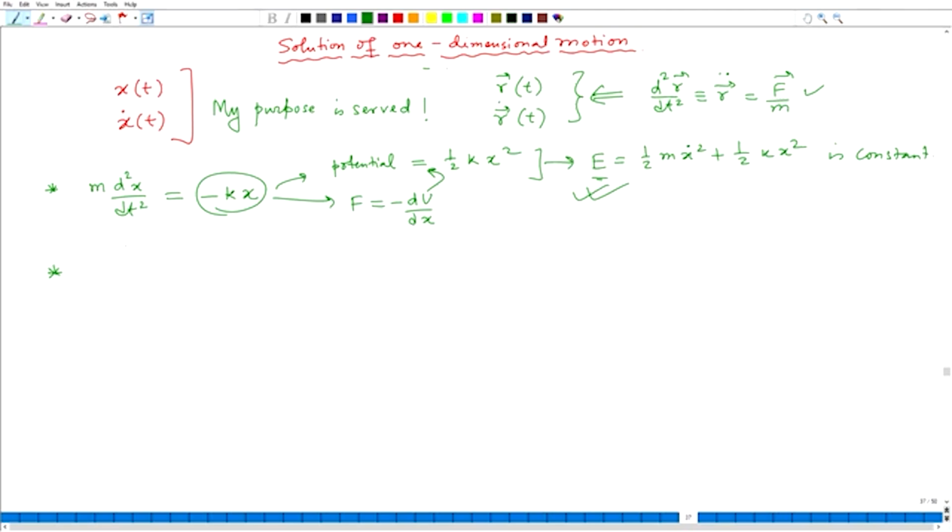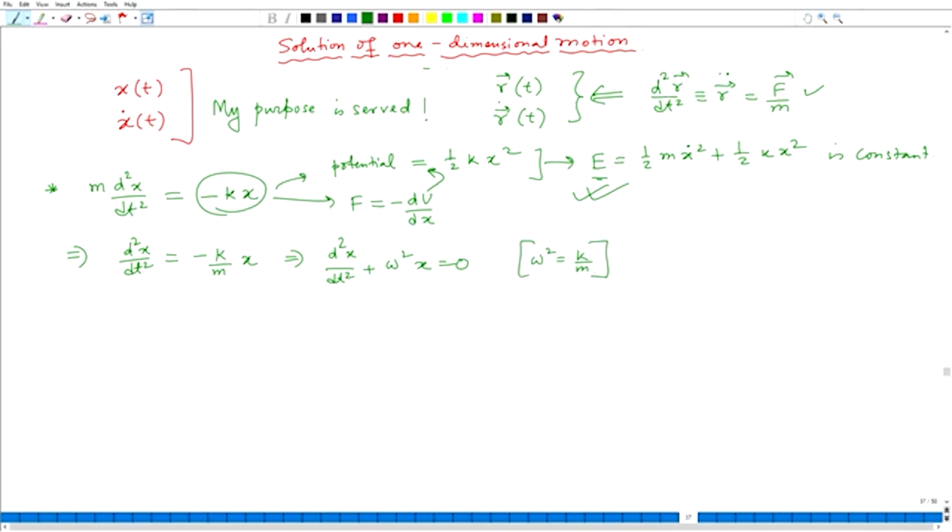The equation of dynamics for a simple harmonic oscillator in 1D is d2x dt2 equal to minus k by m x. Then this is d2x dt2 plus omega square x equal to 0, where omega square is equal to k by m.